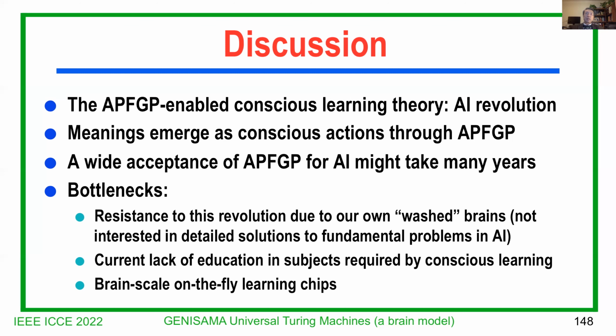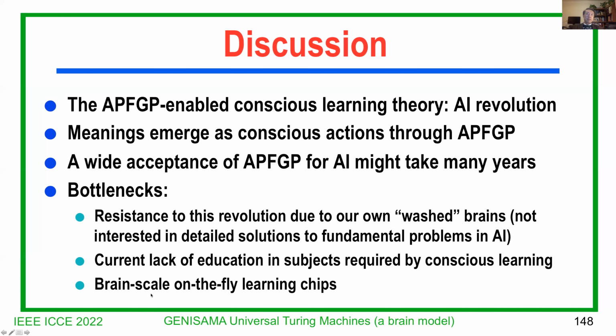Many people understand the fundamental problems, but in order to write papers, they don't solve those fundamental problems. The second is the current lack of education in subjects required by conscious learning. As I said, there are 6 disciplines that are required. BMI tries to provide service for the research community.